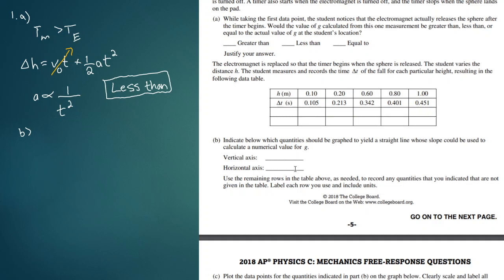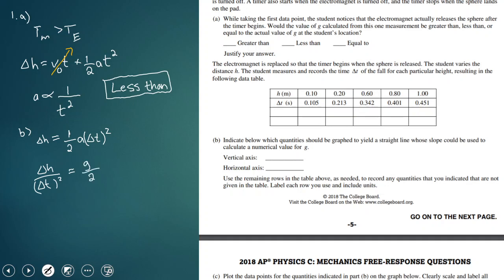So one of the things that we have to consider now is that I'm going to use this kinematics equation again, right? So delta H is equal to, now we have 1/2 A, and instead of T, I'm going to write delta T because that's what we are given, squared. And so if you notice, when I rearrange, if I plot delta H over delta T squared, I get A over 2, so I get the acceleration divided by 2, but in this case, our only form of acceleration is through gravity, so I can rewrite this as g over 2.